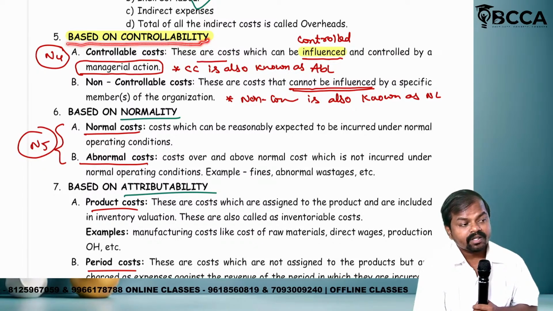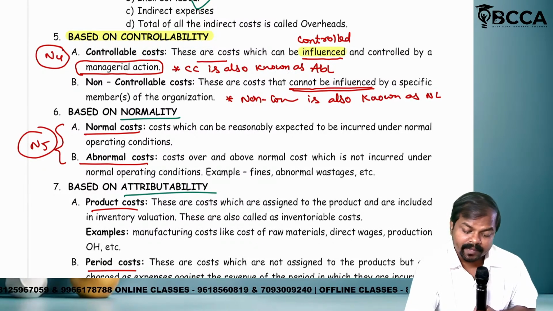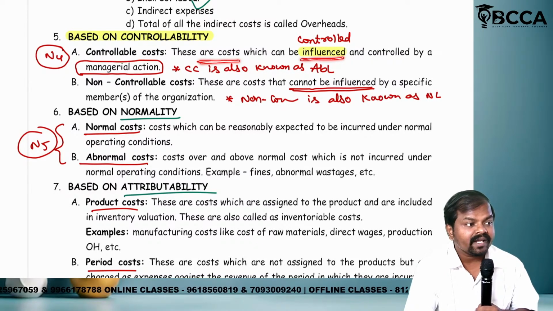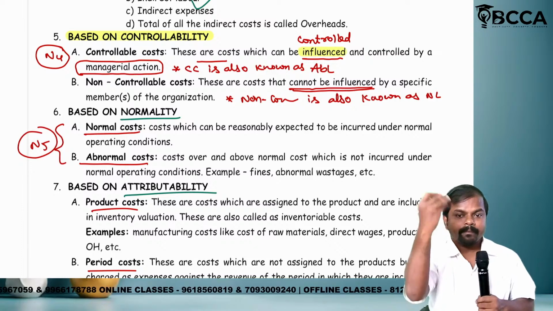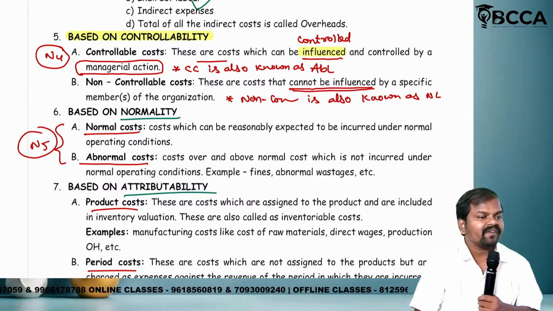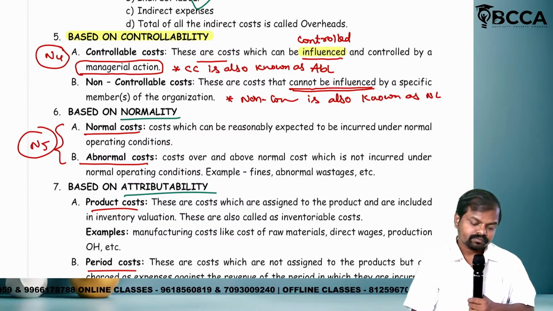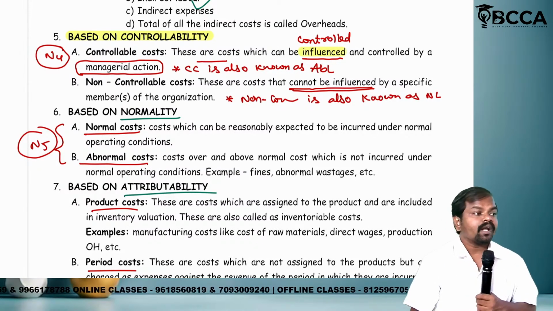Controllable cost, uncontrollable cost. Controllable cost means these costs which can be influenced. Underline the influence. Instead of influence, we can name it as controlled, or change.